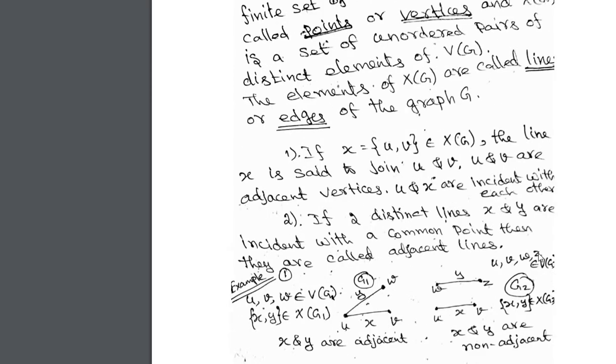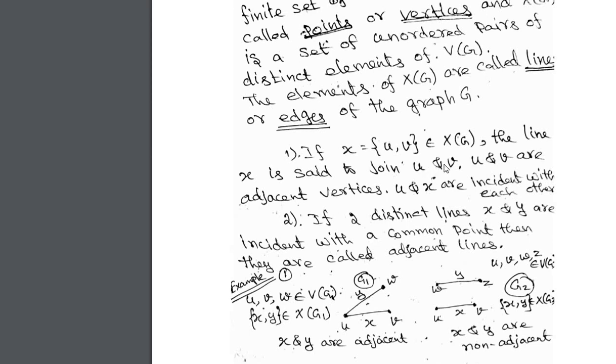Now we see one example for the graph. If x is equal to the pair u comma v belonging to X of G, then the line x is said to join u and v. Usually we write x equals u comma v; it is an edge or line. This means that the line x joins the two points or vertices u and v. u and v are called adjacent vertices.